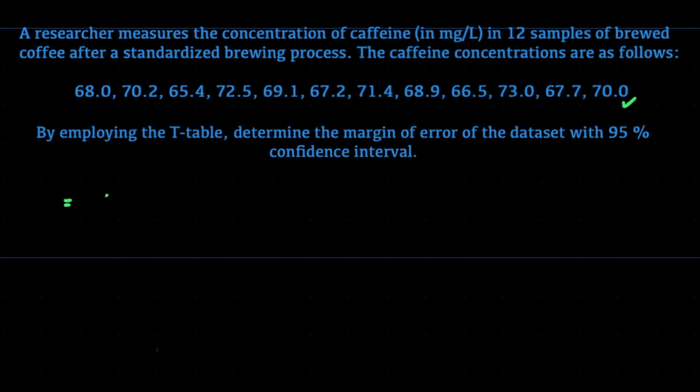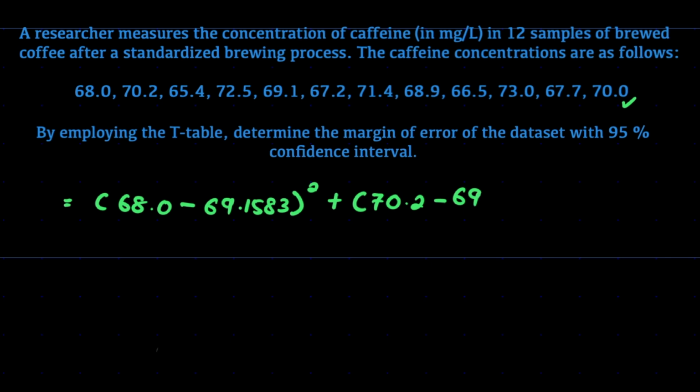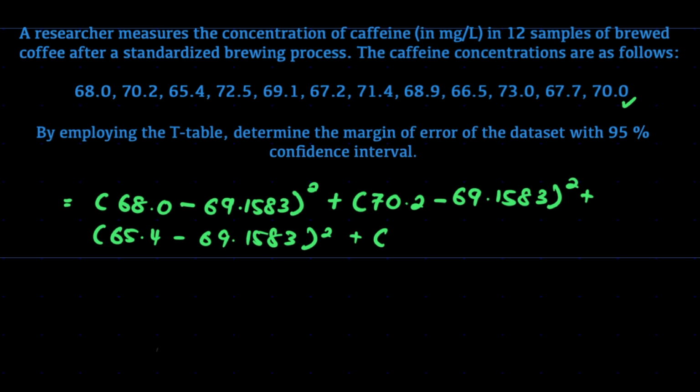For instance, 68.0 minus your mean, which is 69.1583, the one that we calculated just now, squared, plus 70.2 minus the mean again, 69.1583 squared, plus 65.4 minus 69.1583 squared, plus 72.5 minus 69.1583 squared, plus so on and so forth.